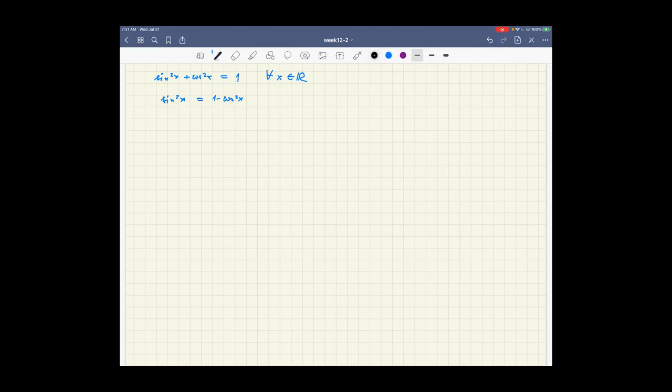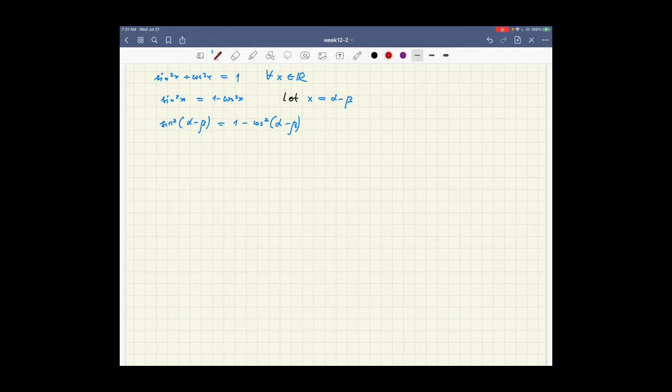And I will, instead of x, write alpha minus beta here, and then use the difference formula for cosine. So sine squared of alpha minus beta equals 1 minus cosine squared alpha minus beta.